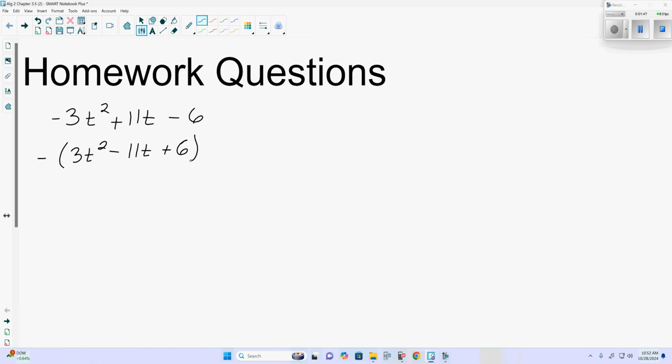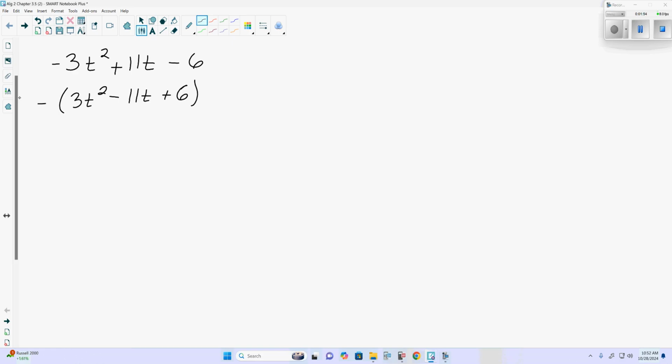It's going to make things a little bit harder. So we'll first factor out the negative, and all that's going to do is change the signs for each term from positive to negative, or negative to positive.